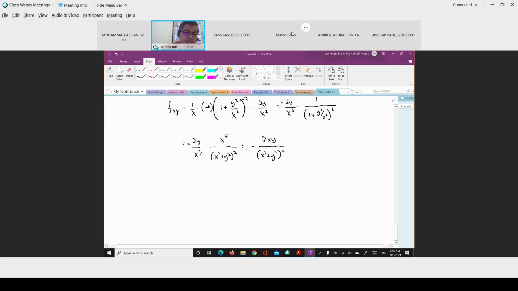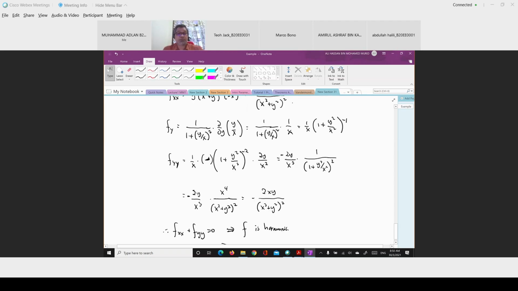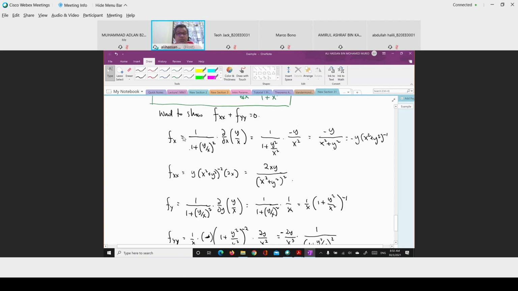So it is equal to 0. So this implies f is harmonic. Any question for this example?